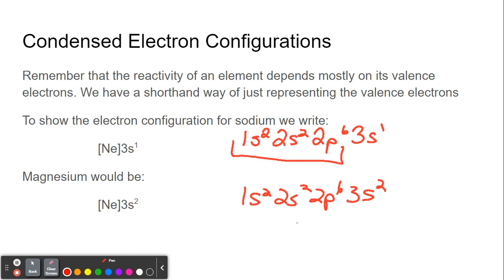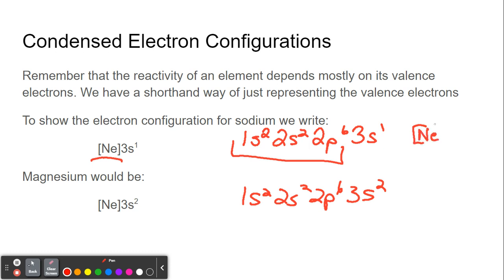So it's really useful to have a short form for that. Instead of rewriting the electron configuration for the whole beginning part, we can just write the noble gas that comes before that element. So sodium is right after neon.